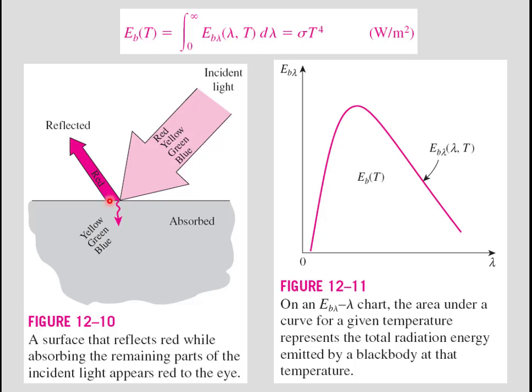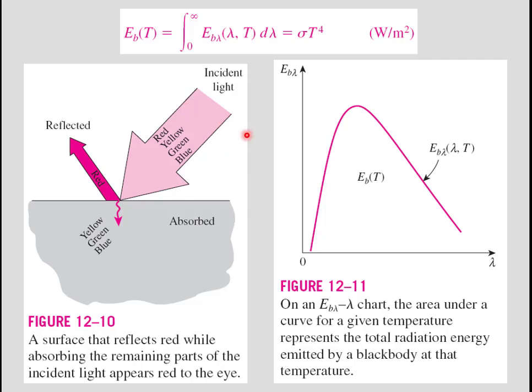This black body radiation energy also can be calculated from the graph of the emissive power of the black body versus the wavelengths of the electromagnetic radiation.